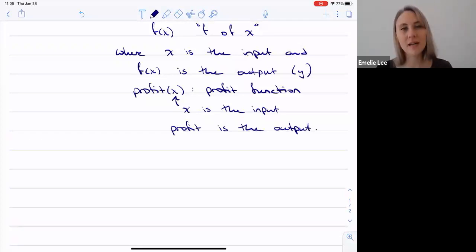Right? So if I sell 4 things, then I make a profit of 4 times 2, maybe. And then I have to take away my costs. Maybe I'm paying $1 for each one produced, something like that. And we'll build profit functions later, so that's why I'm kind of glossing over it here.